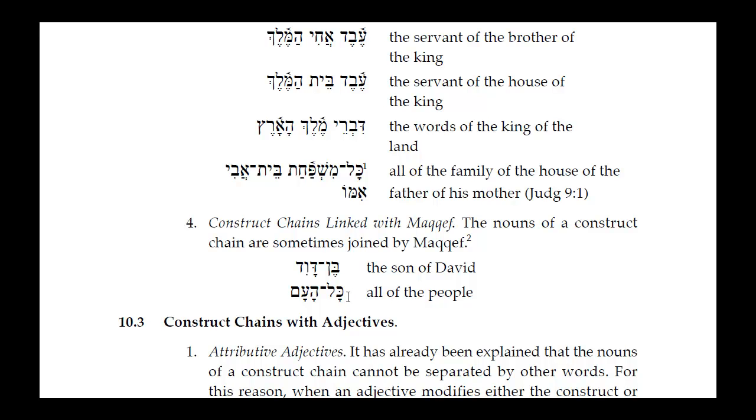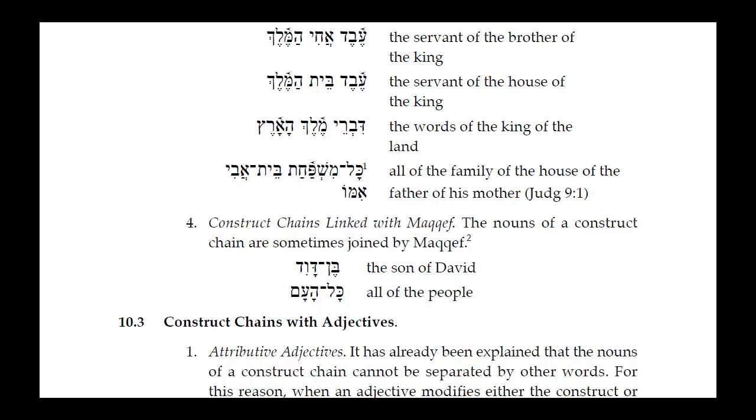This is not Kol, but Kal, because the Cholam that would normally be here is reduced down to a Kamatz Chatuf. Cholam is a changeable long vowel, which reduces down to the short O of the Kamatz Chatuf. And you see that happen a lot in the constructs here. So basically, that's because the maqaf is joined together, and all of the people is how we would translate that.